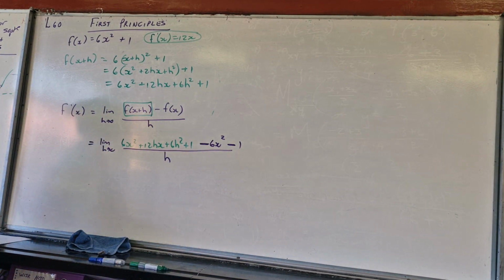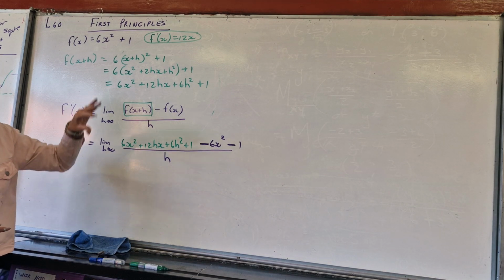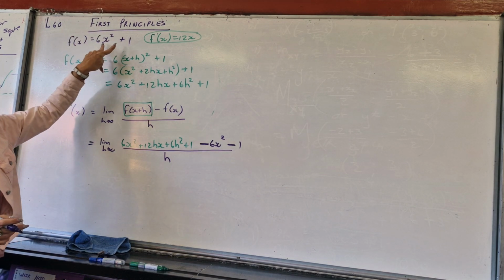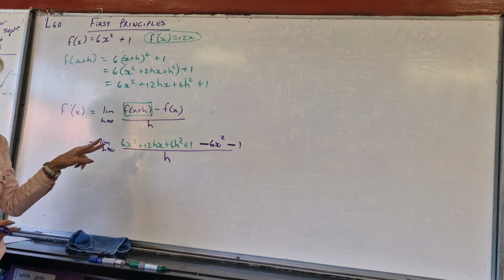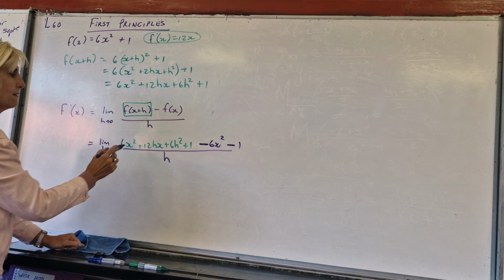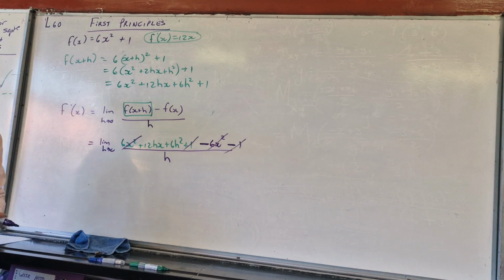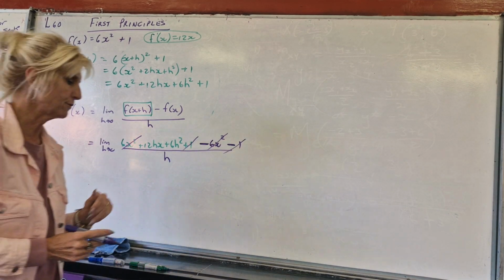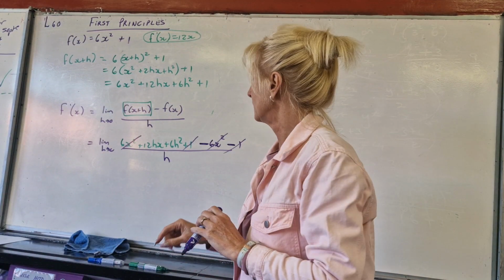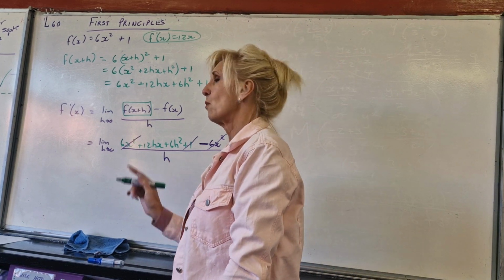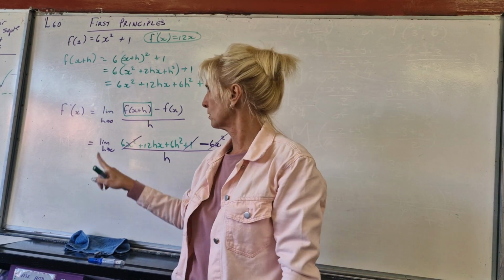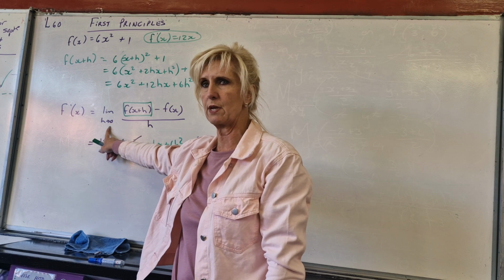Then I also said to you a phenomenon to expect: if the original sum had how many terms, then you'll find that two of them cancel out with two of the other ones as well. So what am I left with? 12hx plus 6h.